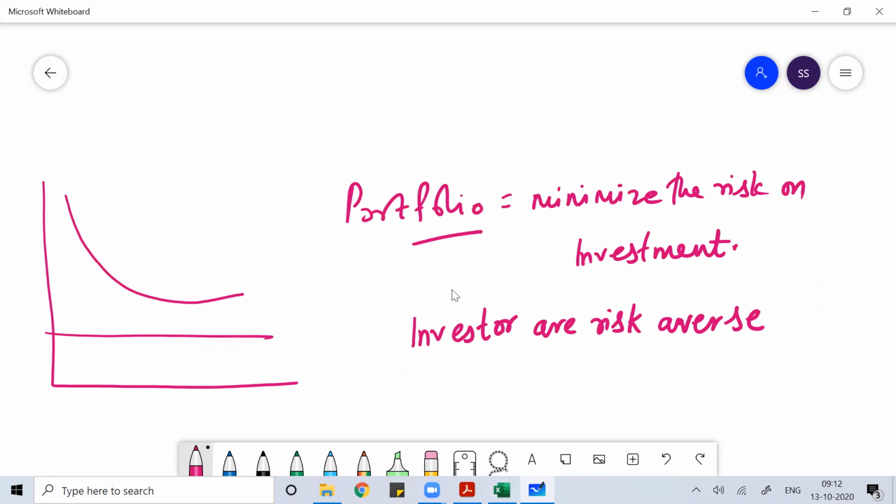We believe that all investors in the stock market want to get the maximum return at the minimum possible risk. That is the assumption whenever we talk about portfolio management, that investors are risk averse.